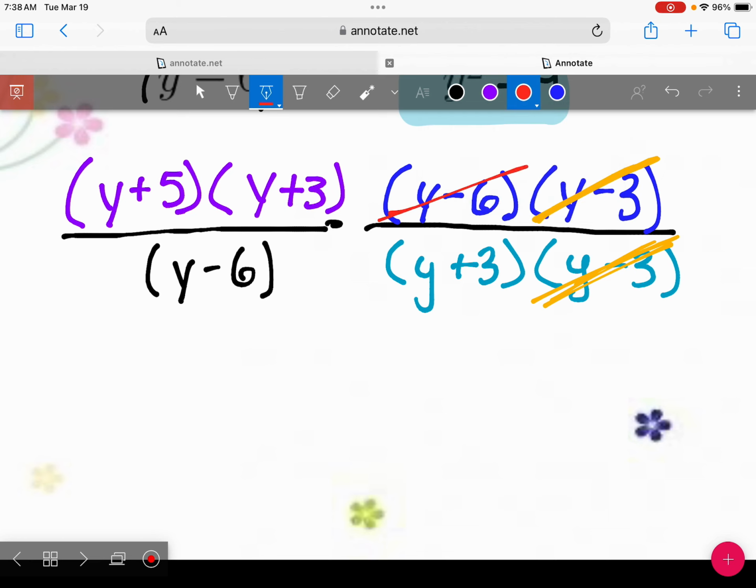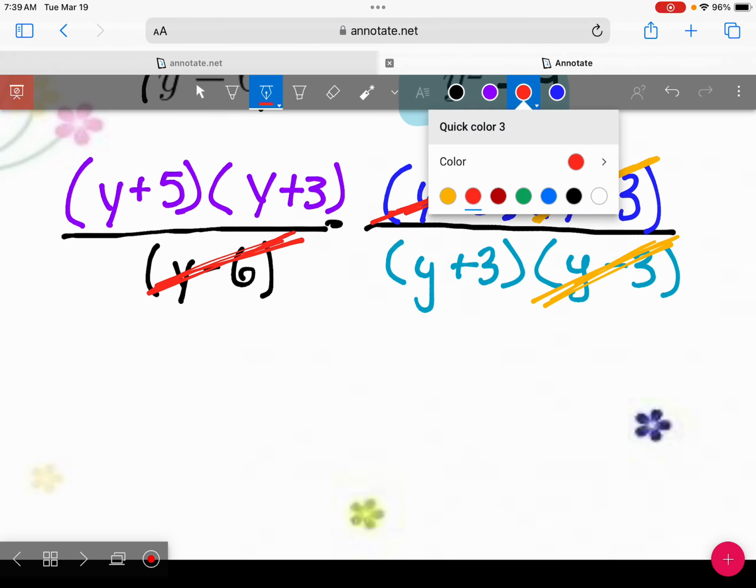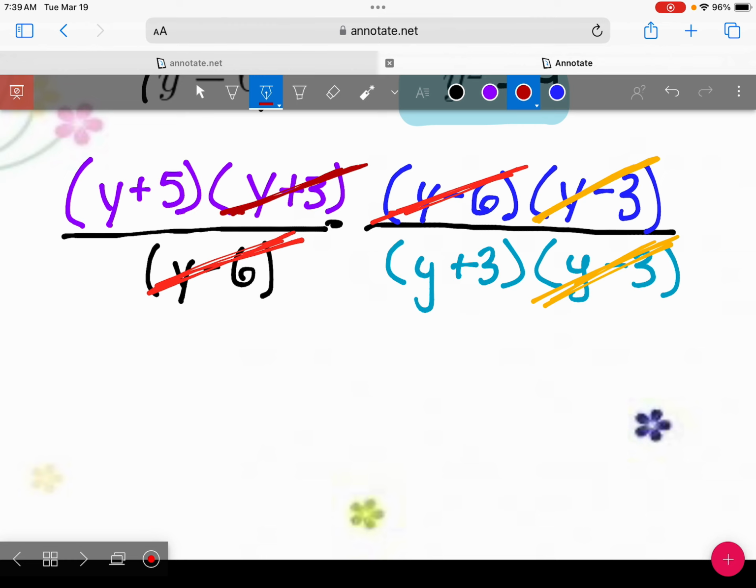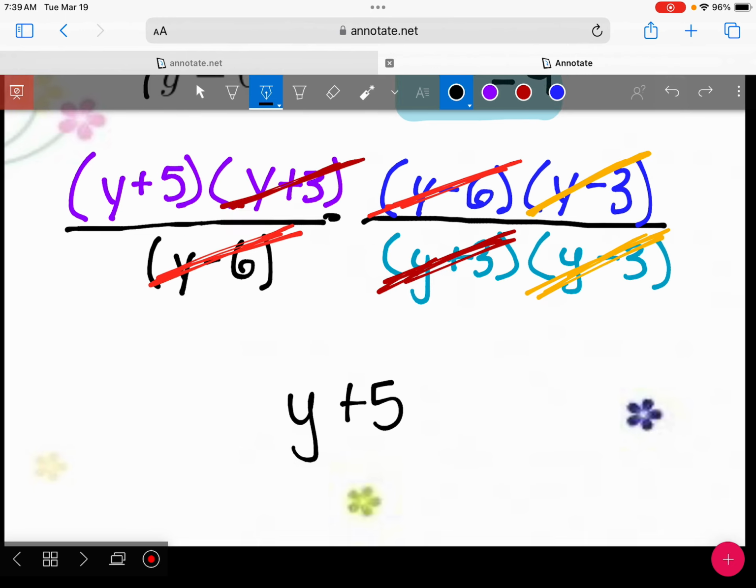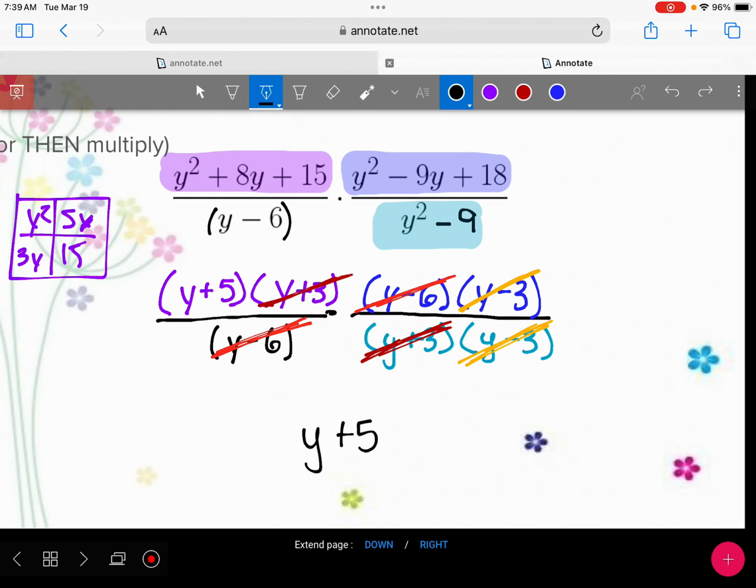The y minus 6. And then the y plus 3. If it's the same top and bottom, we can cancel this out. So this whole thing simplifies down to be just y plus 5. That's a whole lot for y plus 5.